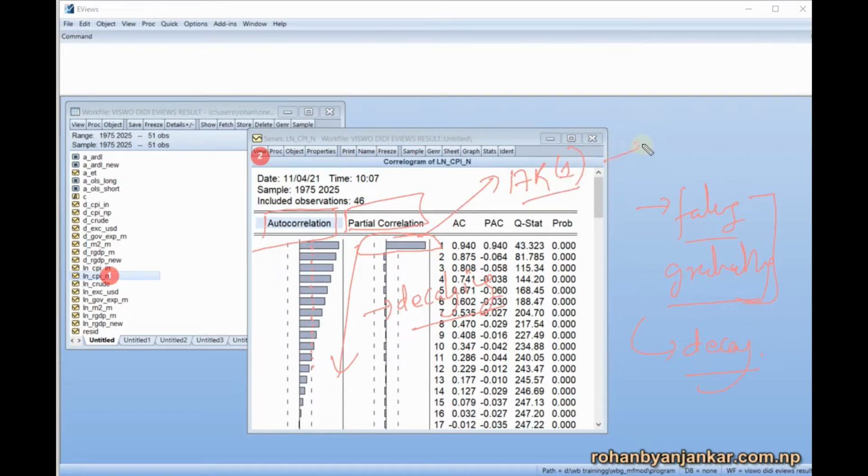This means that if we take its first difference, then our variable will be stationary. This is the first clue that we can see from the correlogram, and it is the most important figure in time series analysis. So now let's erase this.